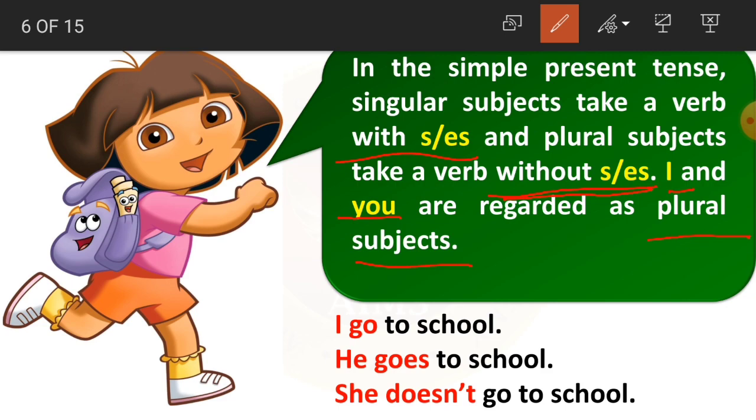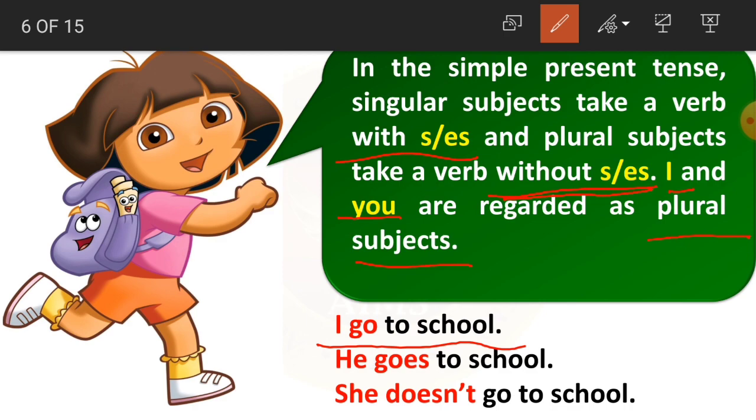See, for example, here we have taken the same sentence in three different forms, with singular and plural. First sentence is I go to school. Second one, he goes to school. Third one, she does not go to school.